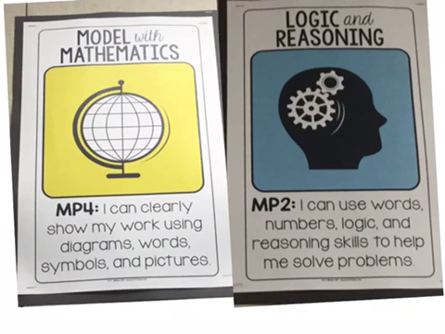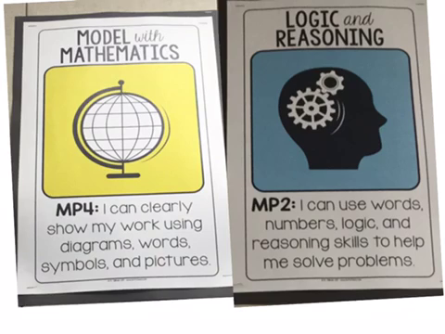I chose model with mathematics and logic and reasoning, mainly because these apply for basically every problem you're going to do. The first says, I can clearly show my work using diagrams, words, symbols, and pictures. That is mostly true for this problem, because we were able to use our table and our graph to find our values.